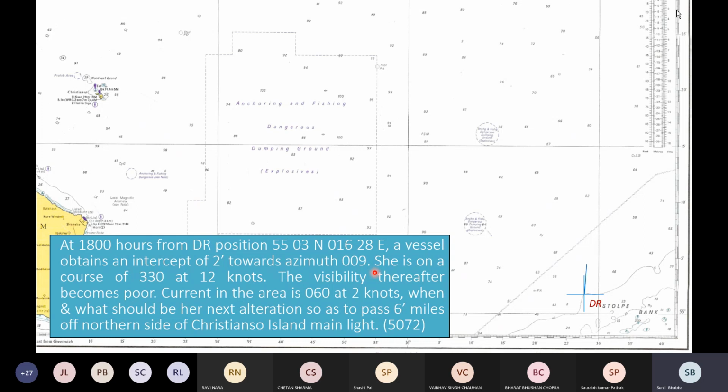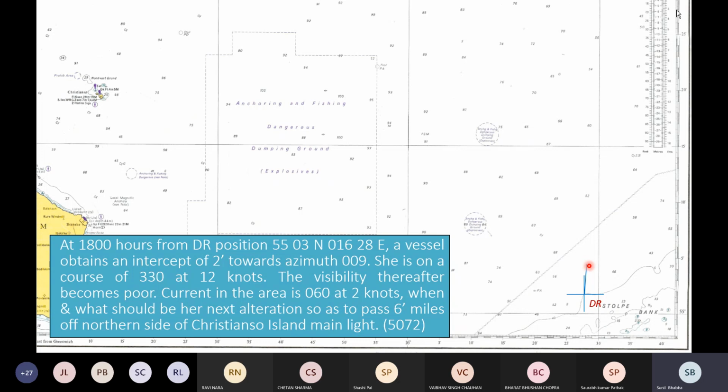Let's mark the azimuth. So we have the 009 azimuth here. Intercept is 2 miles towards. So from the DR position, I go towards the body a distance of 2 miles and I reach this particular point. This is my ITP, the intercept terminal point.